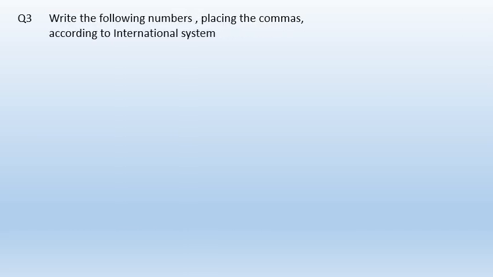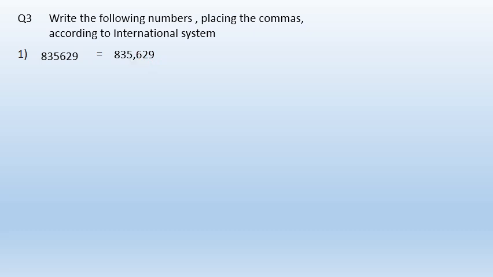Next question. The next question is question number 3. Write the following numbers placing the comma according to the international system. Now according to the international system, how do we place the comma, students? We place the comma after every 3-digit number. Now this number is given. Now we'll write down the same number and place the comma. So what have we done? 926 comma, then the next 3 numbers.